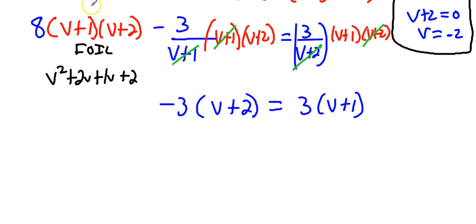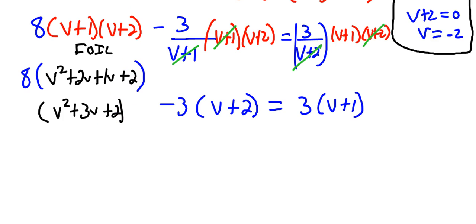Now, the 8 was out front of this thing, so when you do the 8 here, it's still 8 out front of that whole thing. And on the inside, you can take the 1v plus 2v and make that 3v. And we still haven't done anything with the 8 yet, so now you're going to do 8 and do distributive property with that 8 through these.